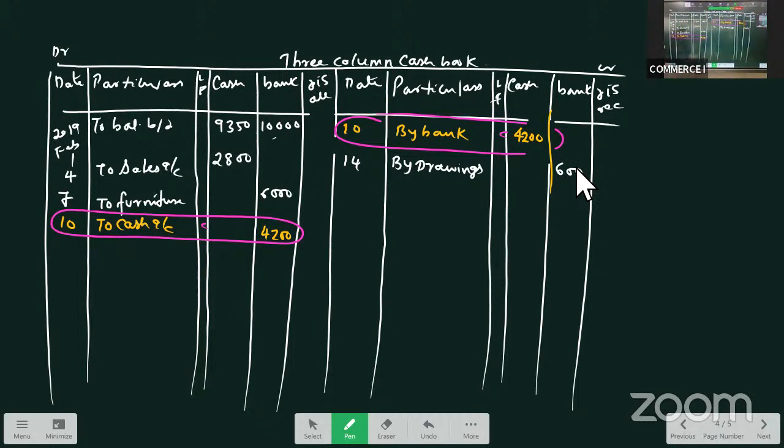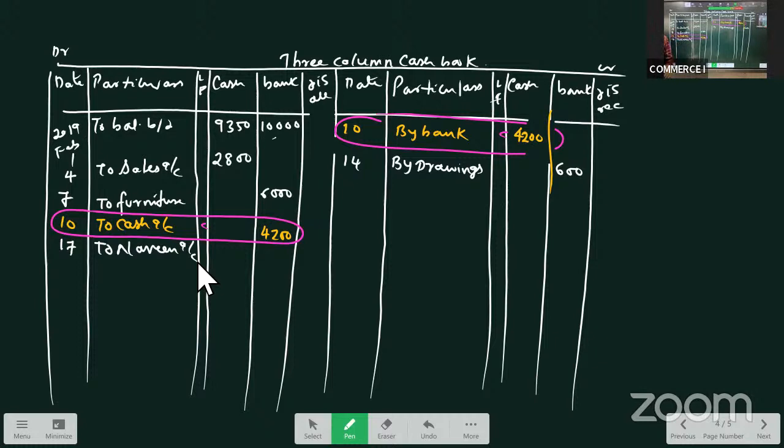Then received check from Naveen, 5,800. On 17, we received a check from Naveen. But remember, on 23rd, this check is deposited into bank. So on the day of receipt, the check was not sent to bank.